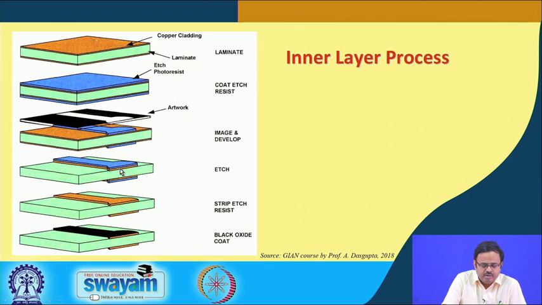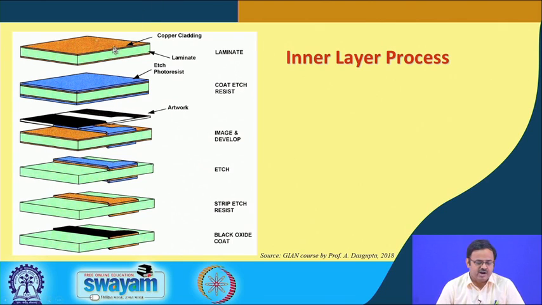Next, we will remove this photoresist, and what are we left with? We are left with the laminate and a portion of the copper which is actually a wiring trace.